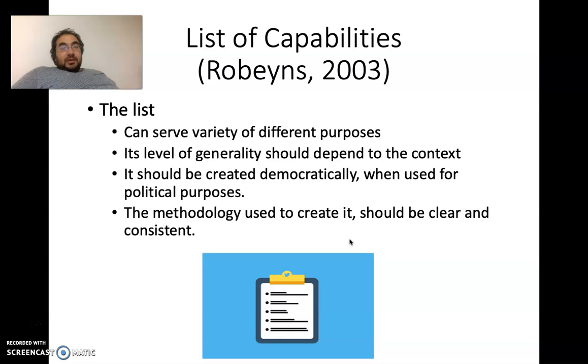So here, Robbins discussed the case of the lists, and this issue is also discussed by Nussbaum. Actually, I will go directly to Nussbaum after this, because the discussion of the list is relevant there.